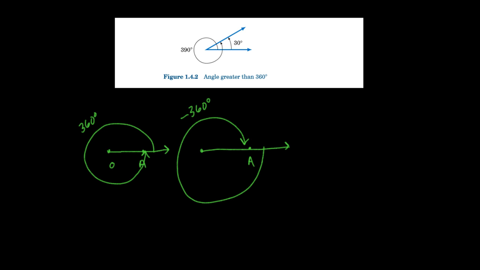So this is from the textbook, but if you have an angle that rotates from the initial side 390 degrees, notice that an angle that coincides with the 390 degree angle is also a 30 degree angle, because if you think about it, you're going 360 degrees, that brings you back to your initial side plus 30 degrees more, and that's equal to 390 degrees. But it is important to also remember that an angle that coincides with that is also 30 degrees.